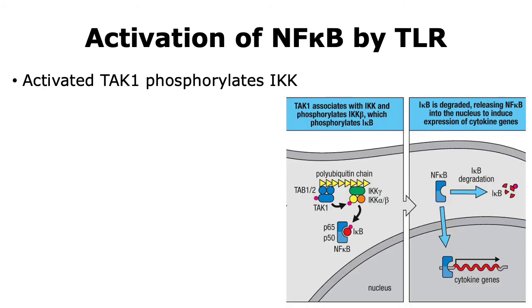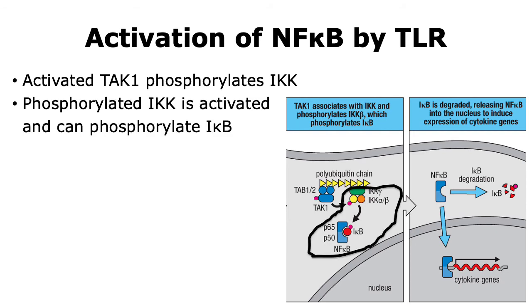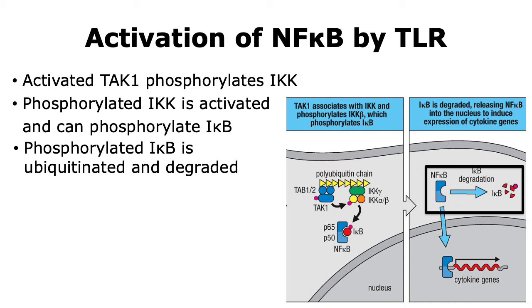The activated TAK1 is able to phosphorylate the IKK complex because these proteins are now close to each other due to their binding to the polyubiquitin chains. The phosphorylated inhibitor of kappa B kinase becomes active and can phosphorylate the protein inhibitor of kappa B. The phosphorylated inhibitor of kappa B, or I-kappa B, can now be ubiquitinated, and the ubiquitinated I-kappa B is sent to the proteasome for degradation.